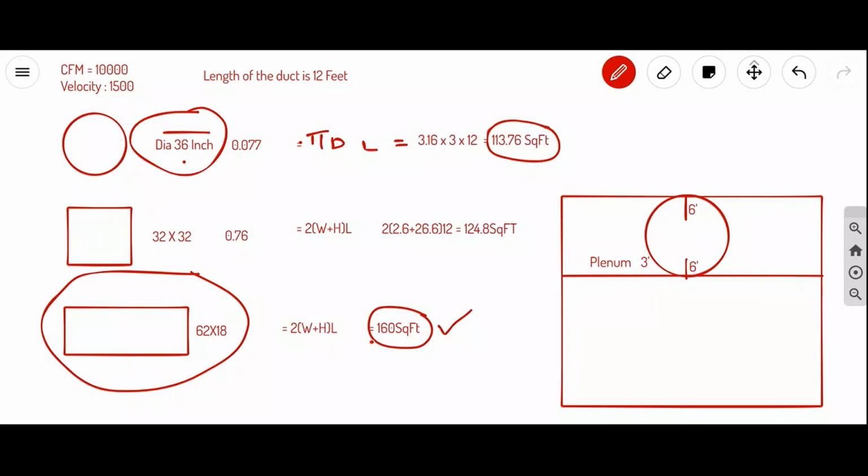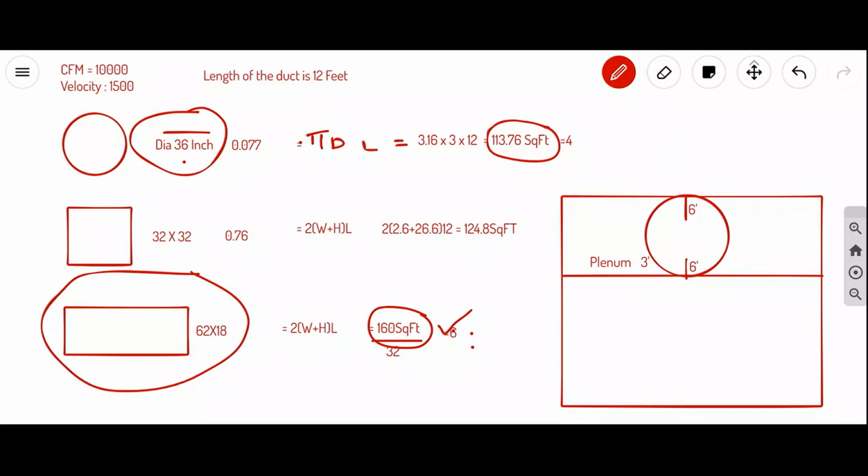For 160 square feet, divide 160 by 32. How many sheets are required? 8x4 sheets, 32 square feet each. 160 by 32 means 5.5, around 6 sheets are needed. And here, 113 by 32 is around 4. So there is a lot of difference, right?